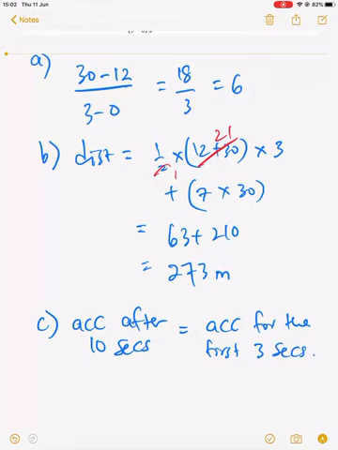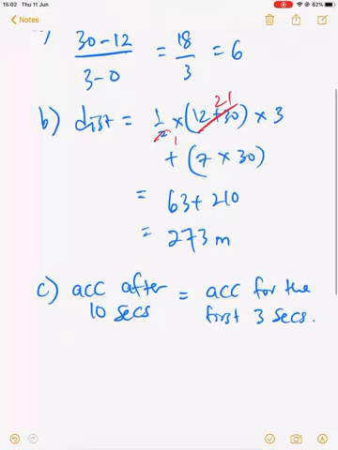For the first 3 seconds just now we had 6, so we'll use negative 6 here. Negative 6 after 10 seconds is (0 minus 30) divided by (t minus 10).